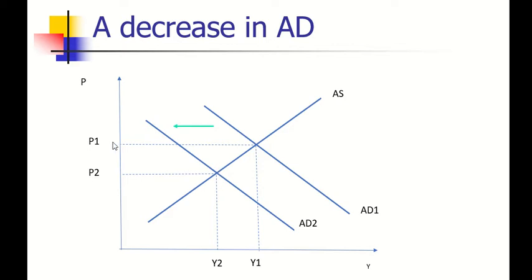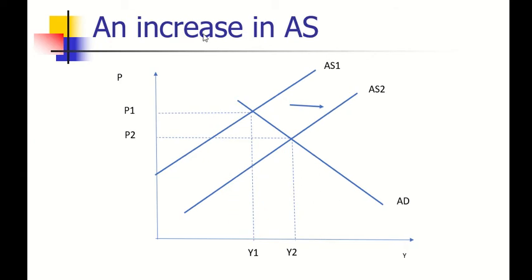So what happens here is the price level comes down, and at the same time, the equilibrium real output comes down. So that follows a decrease in aggregate demand.